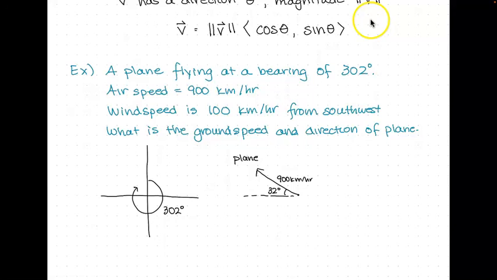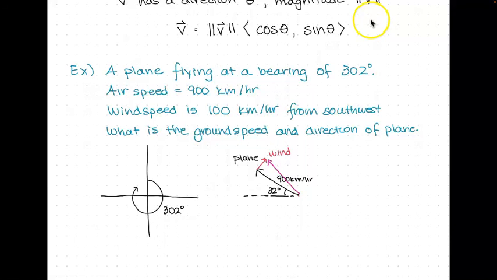But then the wind is blowing from the southwest. So it's blowing in this direction. We can put it right here. We'll do head to tail. And this is the wind. So the actual speed and direction of the plane can be indicated by this pink vector.